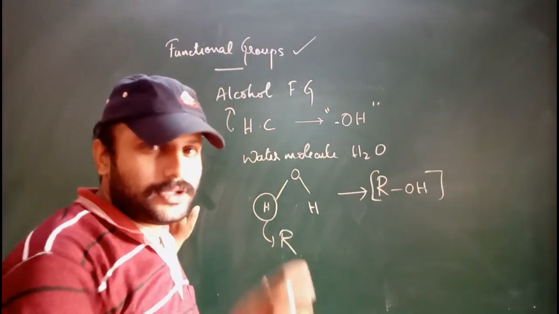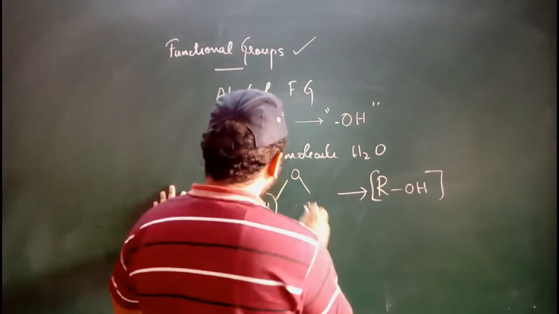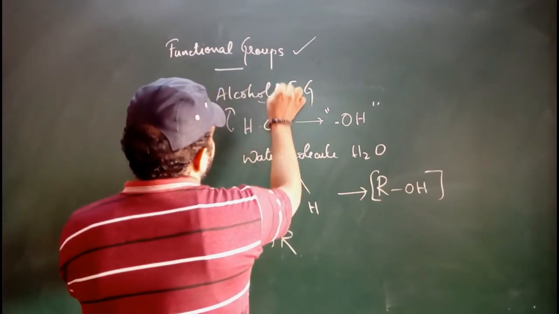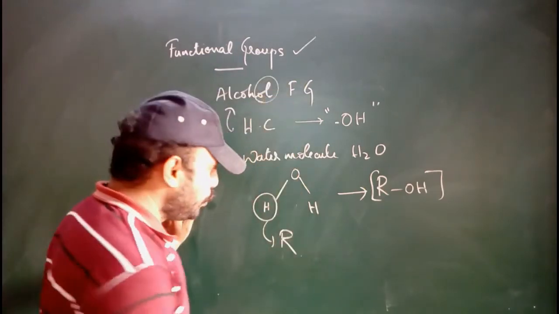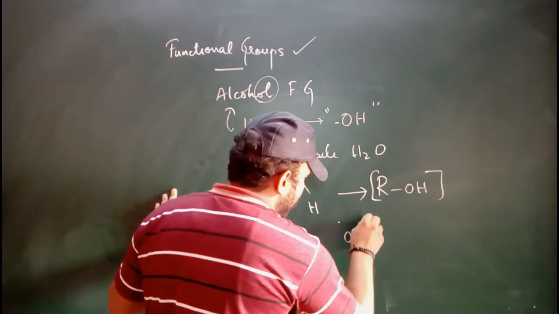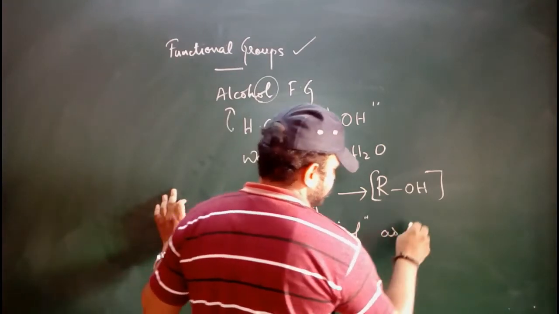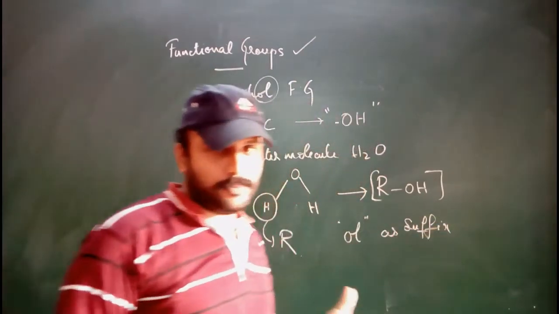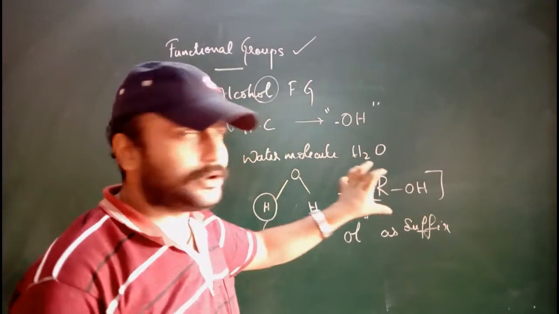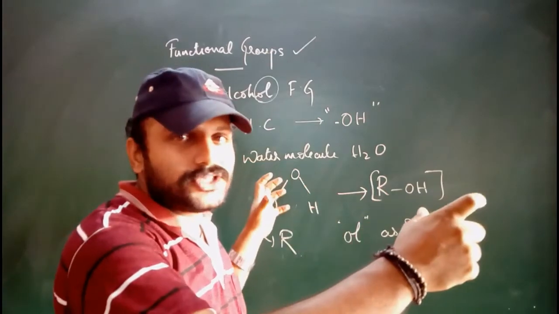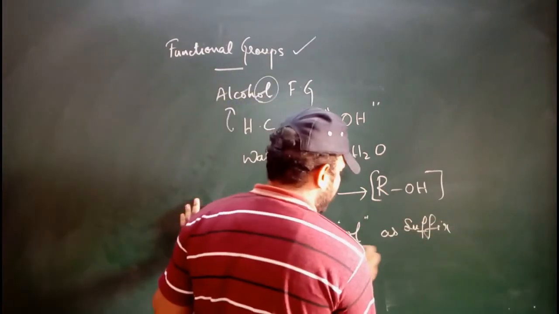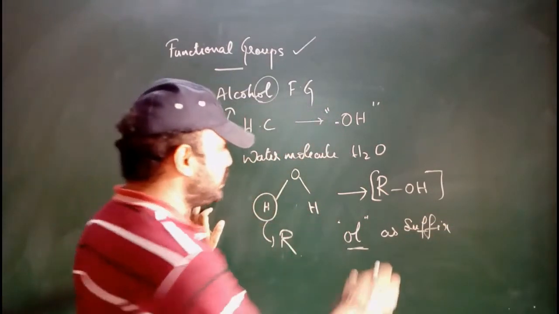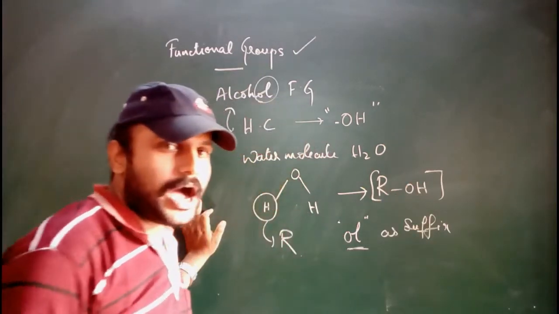When you name the compound, if you observe alcohol, what are the last two letters? OL. So OL will be added as a suffix to the name of the compound. At the end of the name of the compound, OL will be added. So the general formula is ROH.